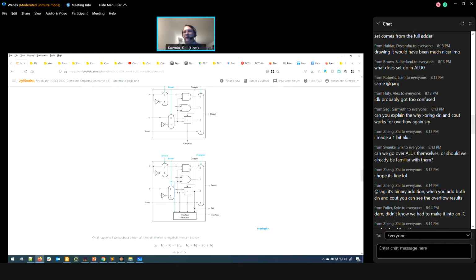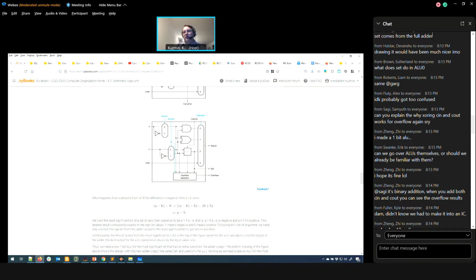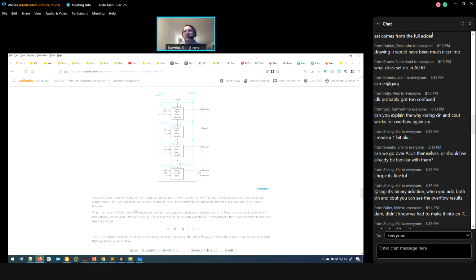And that's why you see how we take this set bit, the most significant bit of the result of the subtraction, and route it as the output of this MSB ALU. And then we have an external connection that connects this set output to the less input of the least significant ALU.